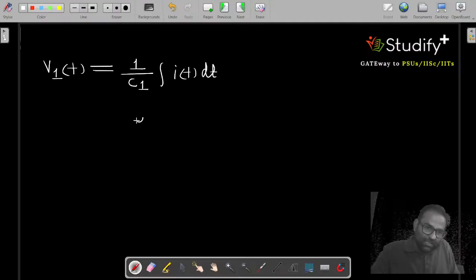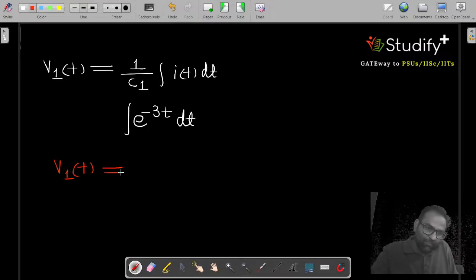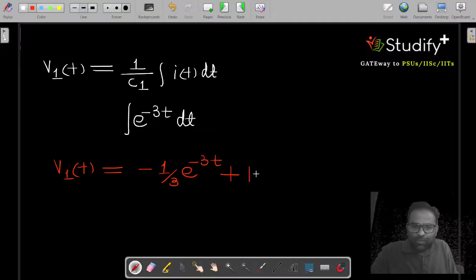So it is the integration of e to the power minus 3t into dt plus k2. When I calculate the integration of this, V1(t) is given by minus 1 by 3 e to the power minus 3t plus k2.